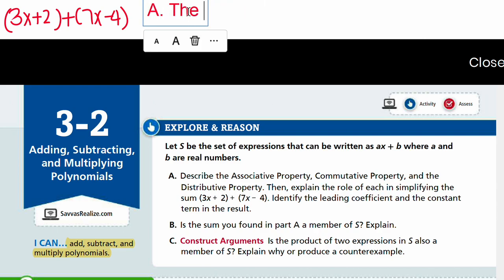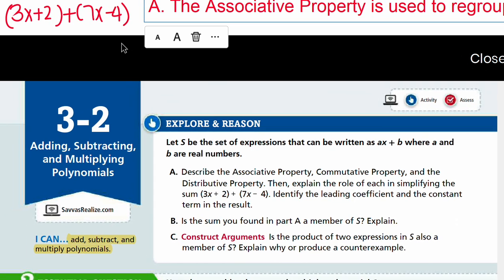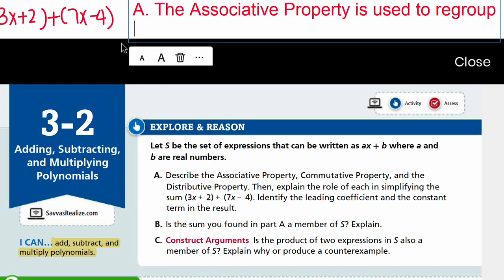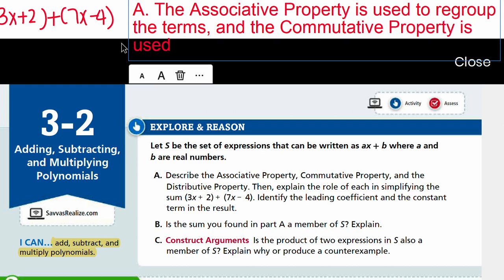So the associative property is used to regroup the terms, and the commutative property is used to move like terms next to each other.